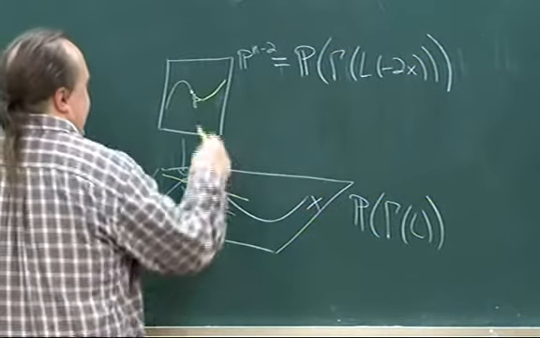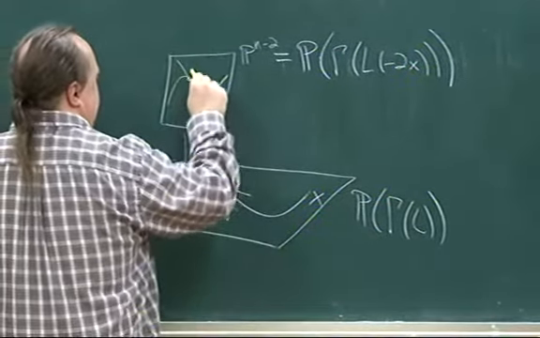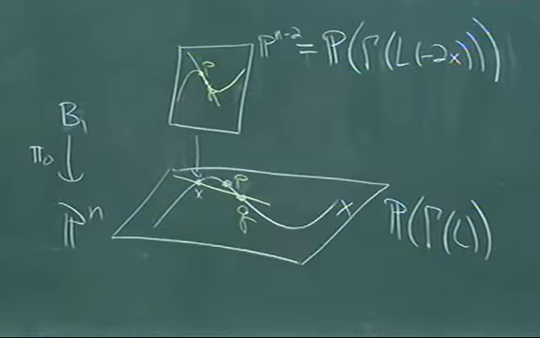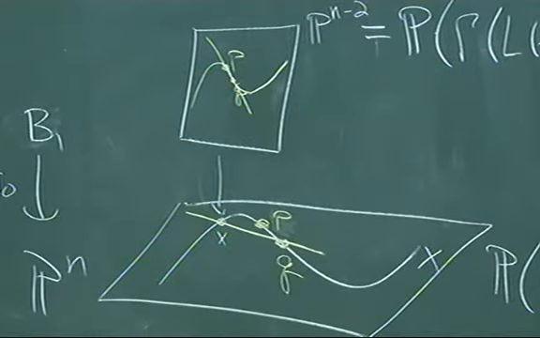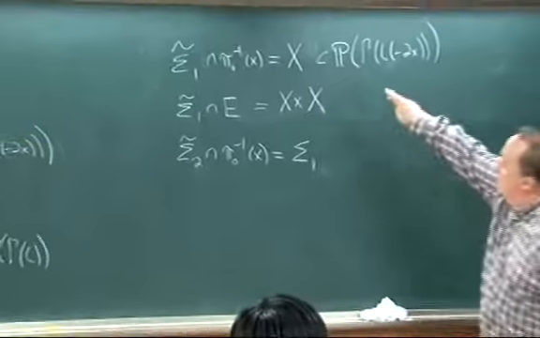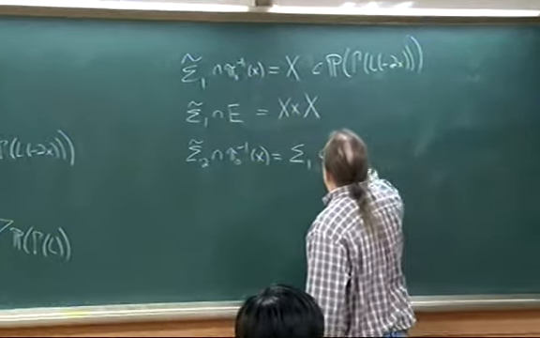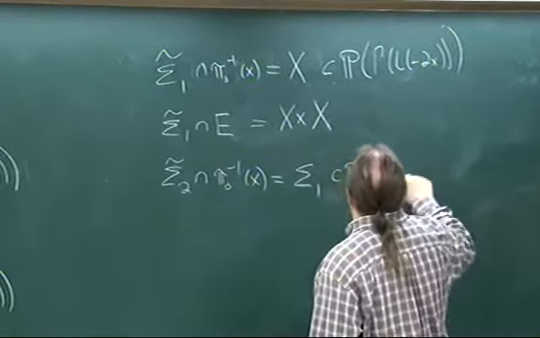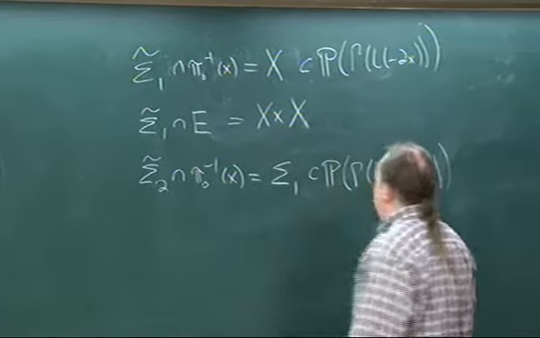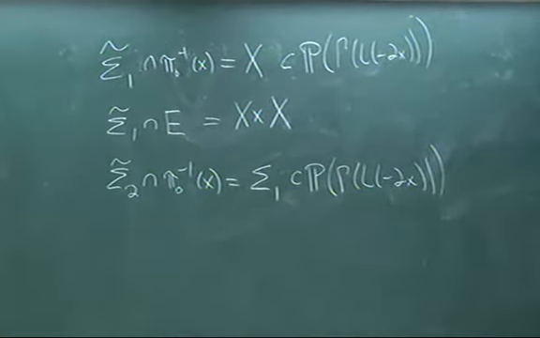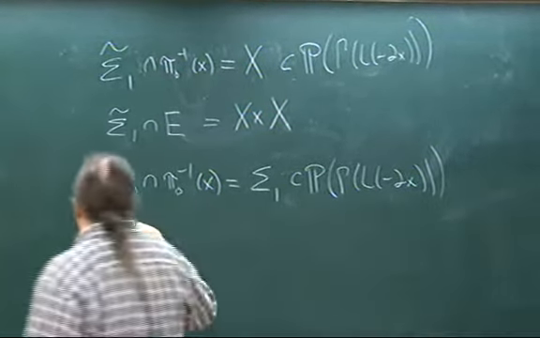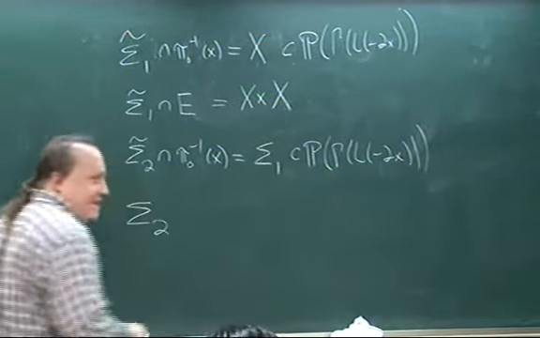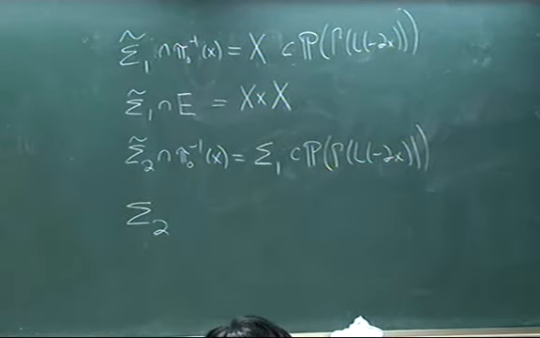Not surprisingly, it will intersect it in the PQ secant line. So this is the first secant variety to this curve in still P gamma L minus 2x. The notation becomes very difficult here. Let's move up one more step.